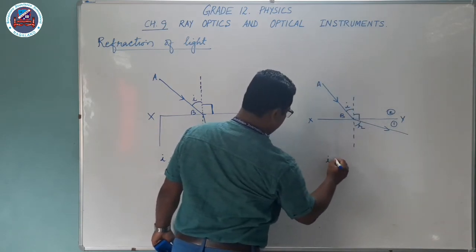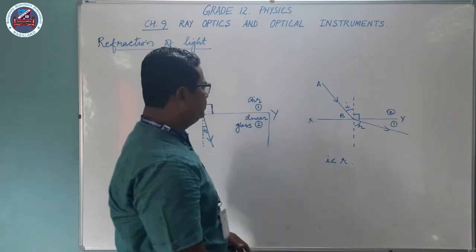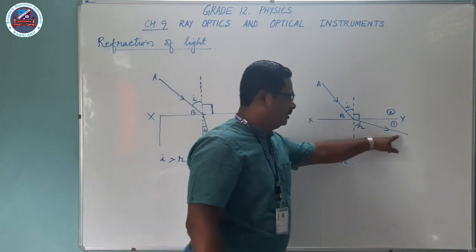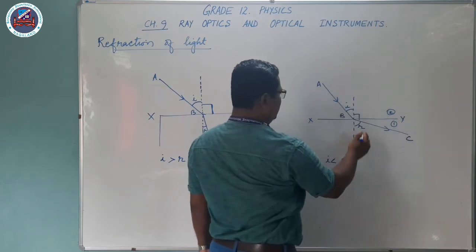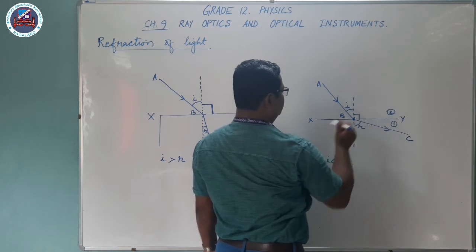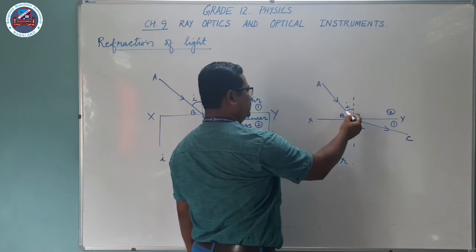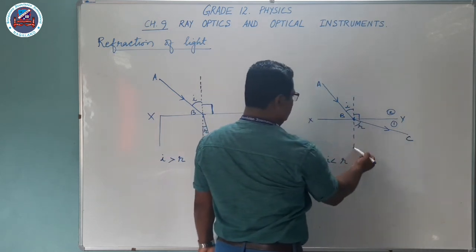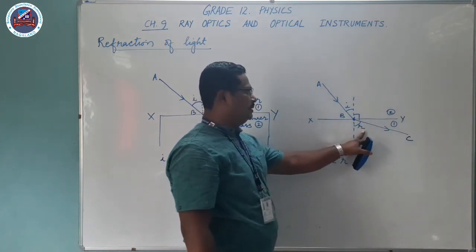So the terms used are incident ray and refracted ray. Suppose BC is the refracted ray. The perpendicular line drawn at the point of incidence is called the normal. The angle made by the incident ray with the normal is called the angle of incidence, and the angle between the refracted ray and the normal we call the angle of refraction. We write this as R.